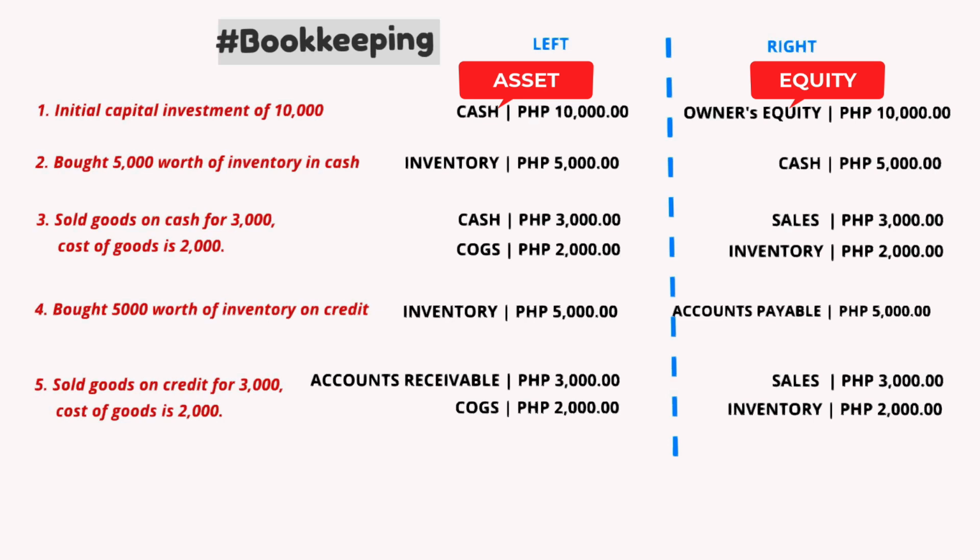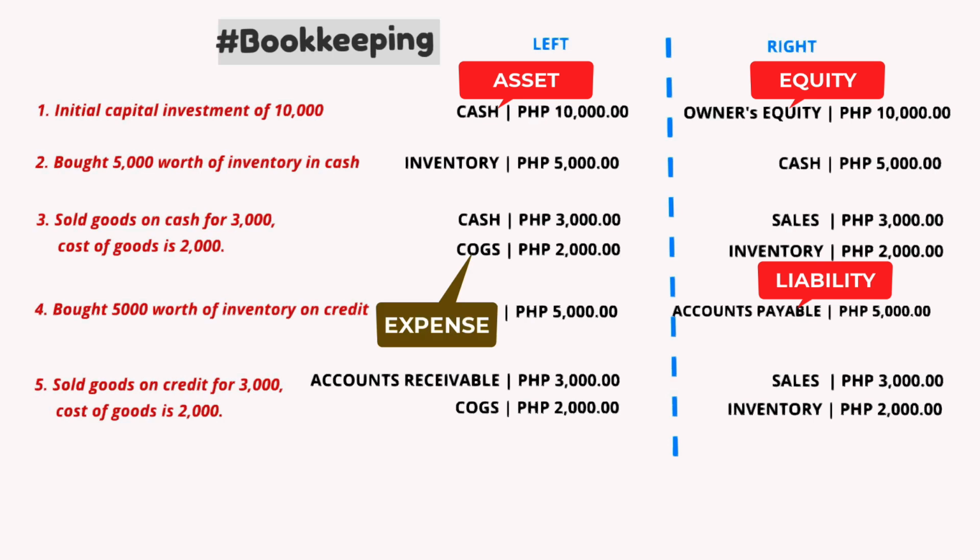Liabilities ang mga bagay na kailangan mong bayaran. Kasama dito ang mga utang mo sa suppliers gaya ng nakita natin sa transaction number 4. Ano naman ang expense? Dito mo inilalagay lahat ng ginagastos mo na kung saan wala ka nang aasahan na economic benefit tulad halimbawa ng transaction number 3.